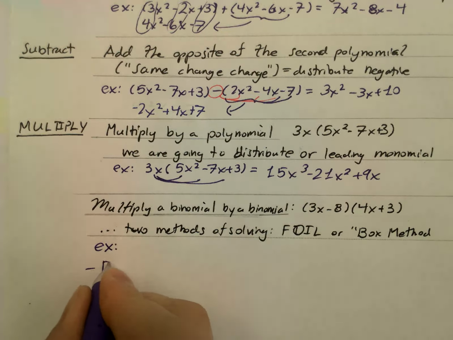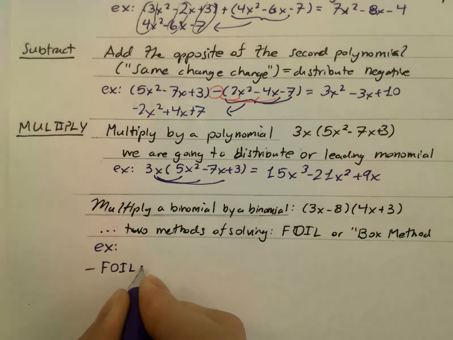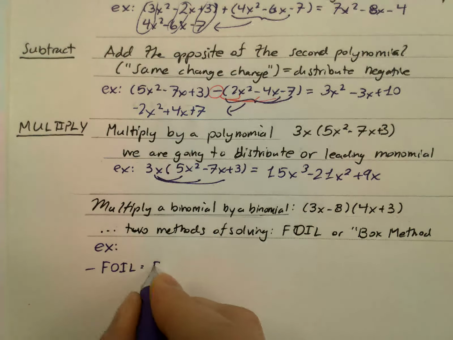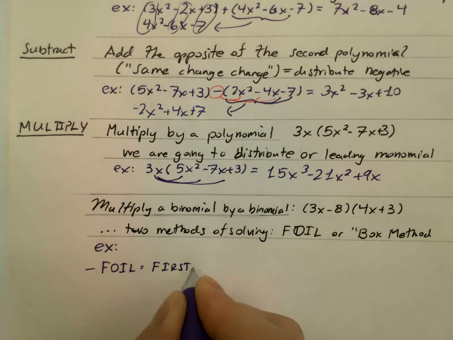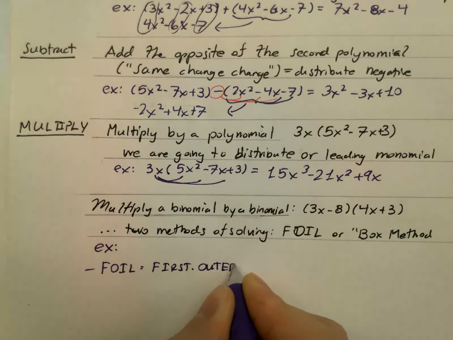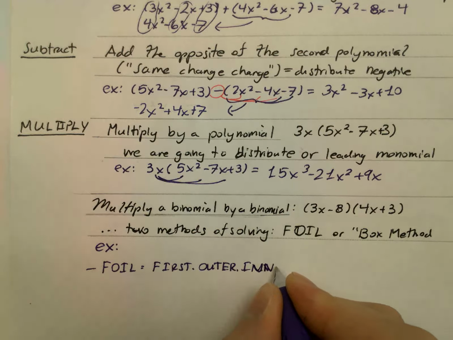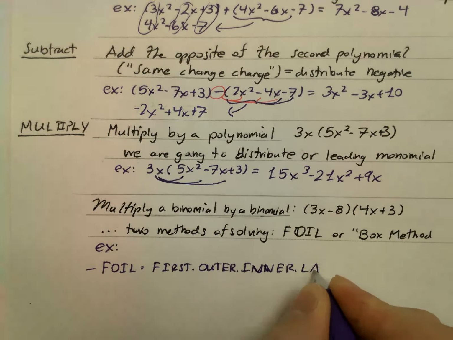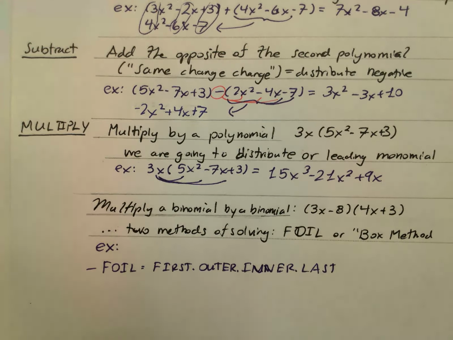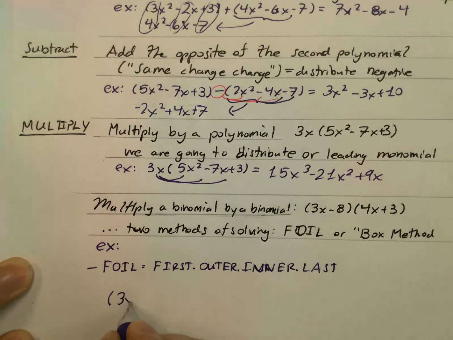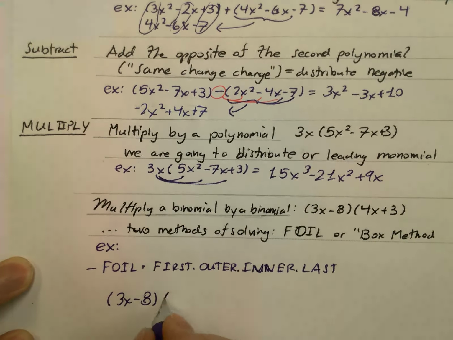So for FOIL, which is first, outer, inner, and last. Okay? So we have 3x minus 8 times 4x plus 3.